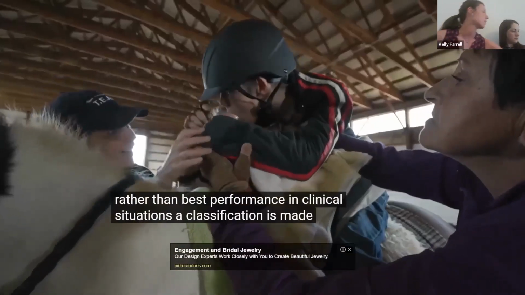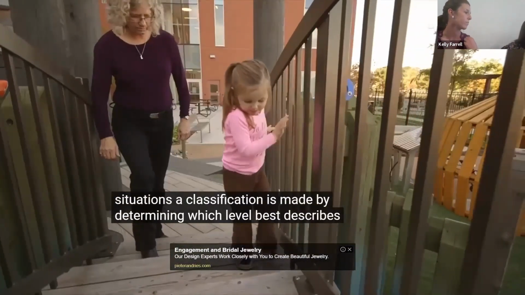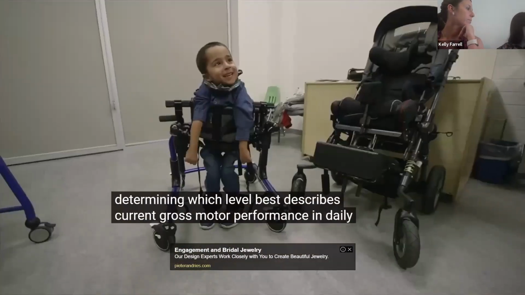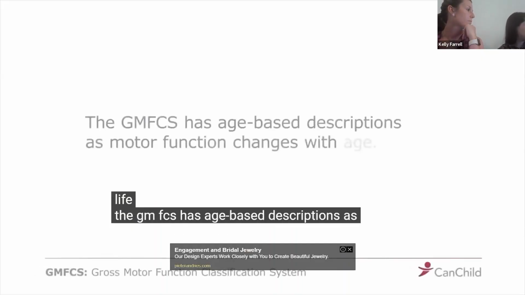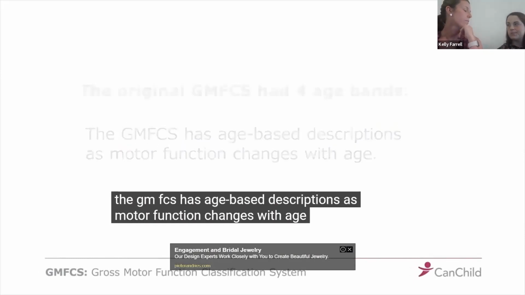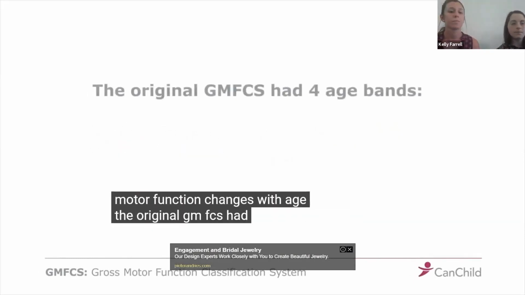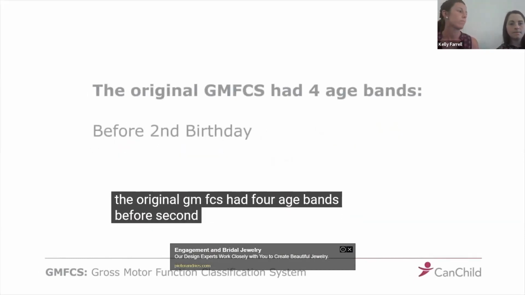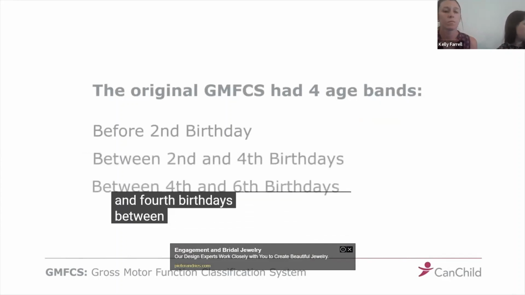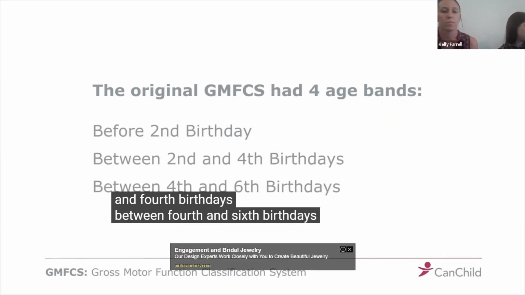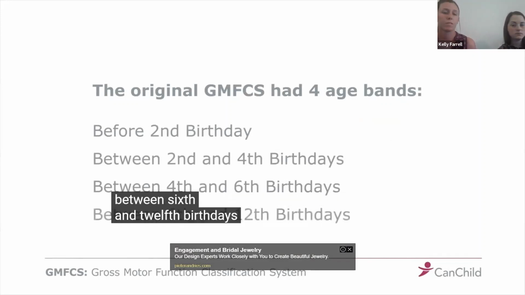A classification is made by determining which level best describes current gross motor performance in daily life. The GMFCS has age-based descriptions as motor function changes with age. The original GMFCS had 4 age bands: before 2nd birthday, between 2nd and 4th birthdays, between 4th and 6th birthdays, and between 6th and 12th birthdays.